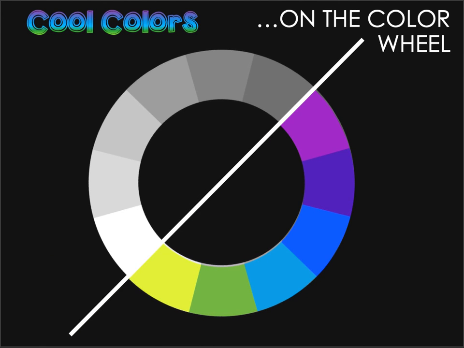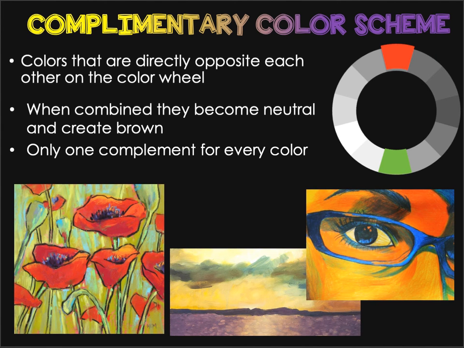All right, complementary colors. Now these are colors that are directly opposite one another on the color wheel. Every color on that color wheel has a complement. Now a complement meaning that they work well together.